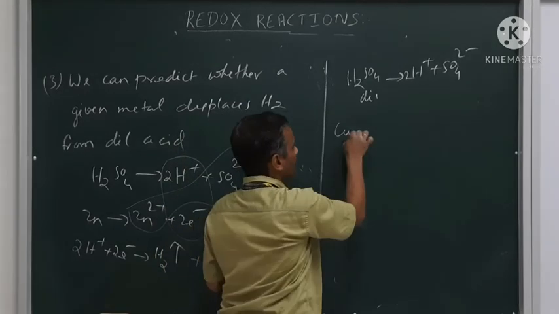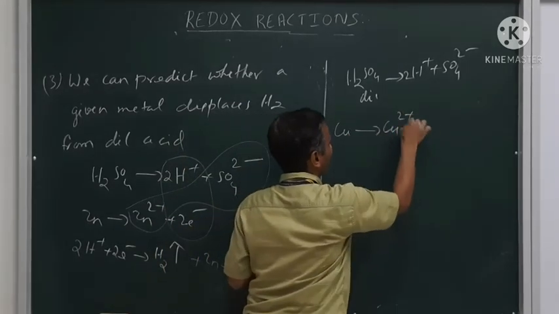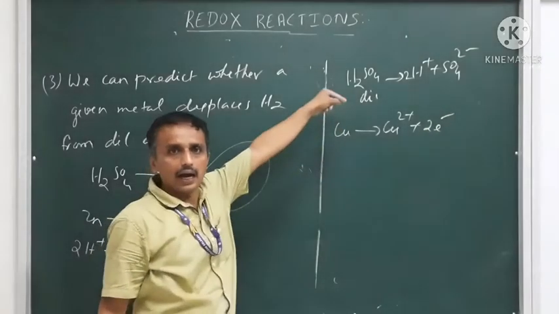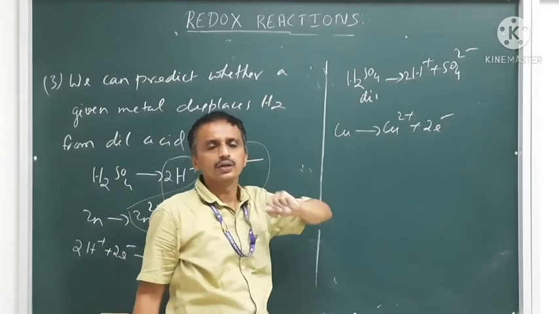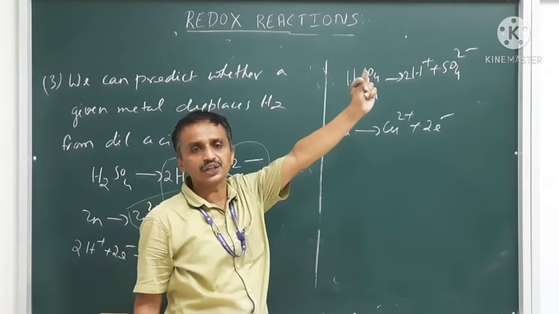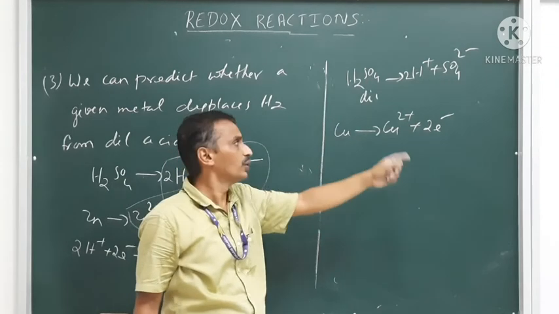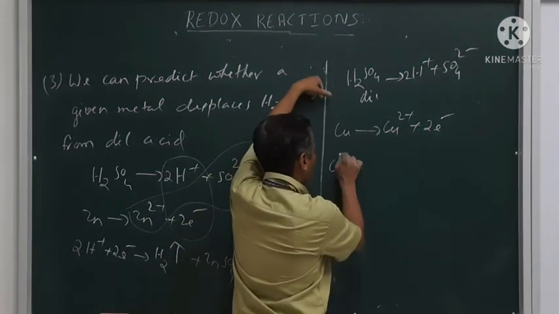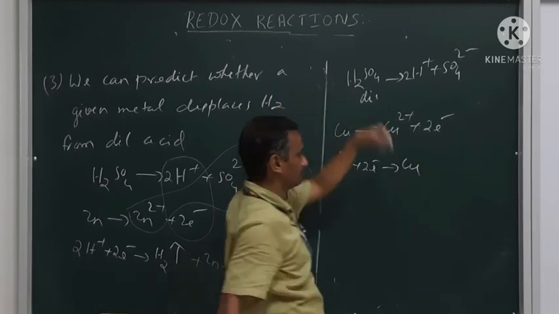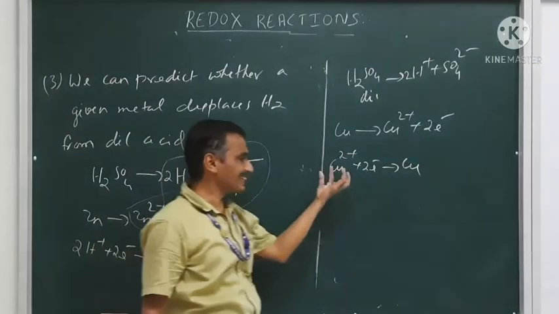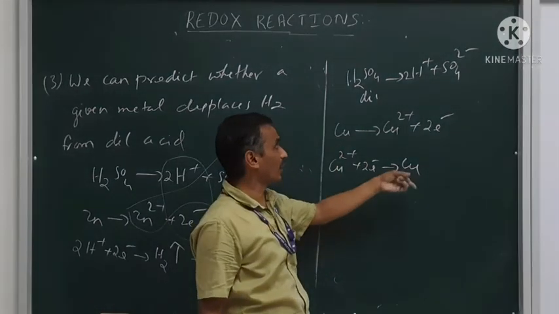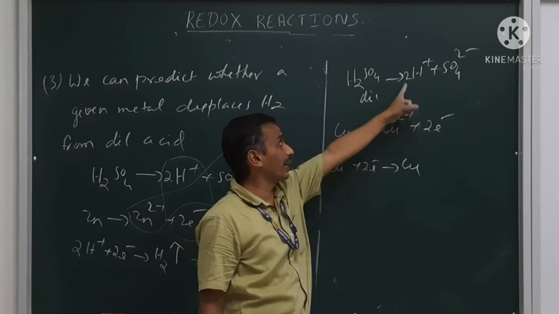But copper does not have this tendency when it is present with hydrogen. The hydrogen SRP value is 0, and the copper SRP value is positive 0.34 volt, higher than hydrogen. So copper has the reduction tendency and cannot provide electrons to the H plus.